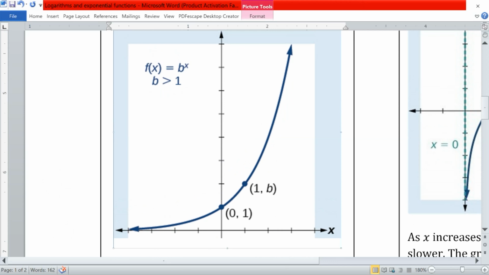Domain of a function is all the x values that it can take, the x coverage by the graph, in other words. Range is the y coverage, what y values are covered by this graph. So what is the domain of an exponential function, and what is the range? Can someone tell me?